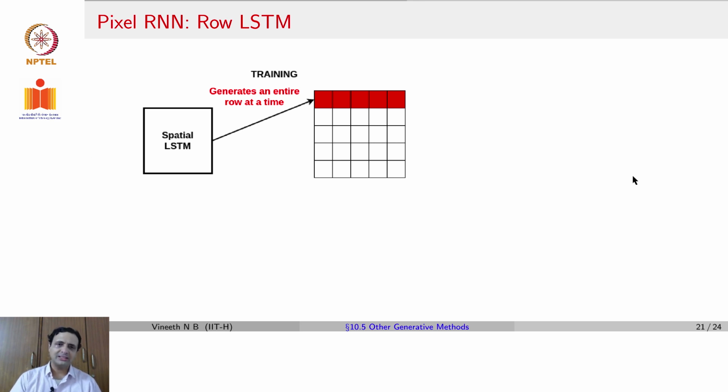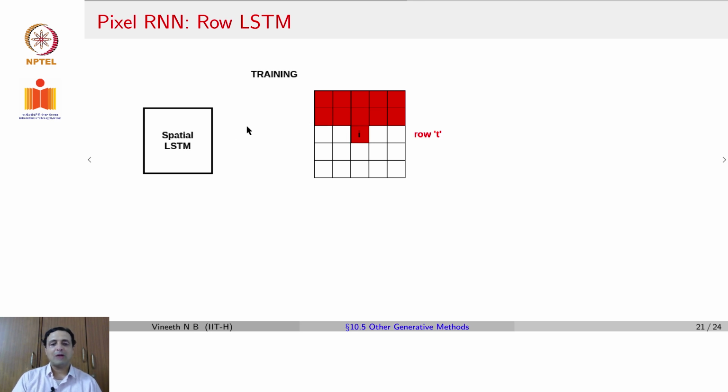There are two variants that Pixel RNN has. One variant is known as a row LSTM, where each LSTM generates an entire row of pixels at a time. So when you have to generate a specific row, let's say you have to generate one specific value in that row, which would be the output of one time step of the LSTM to generate that particular row.